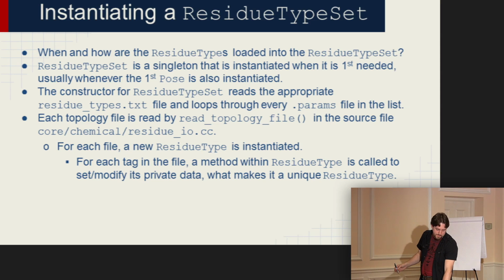When that happens, it reads that residue types text file I showed you later, and it loops through every single params file in that list and loads in all the information. That happens in this function, read topology file, which is, again, located here. So it reads through, sets all the data for the residue types, and basically you now have a residue type that's been instantiated to match the data in that file.